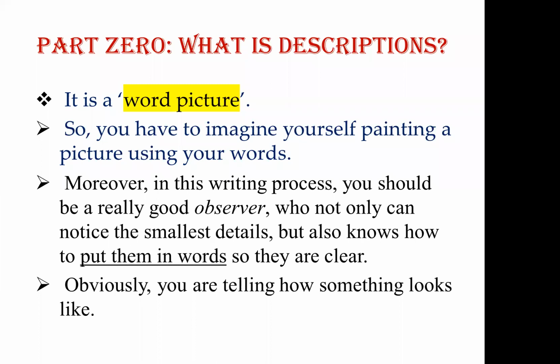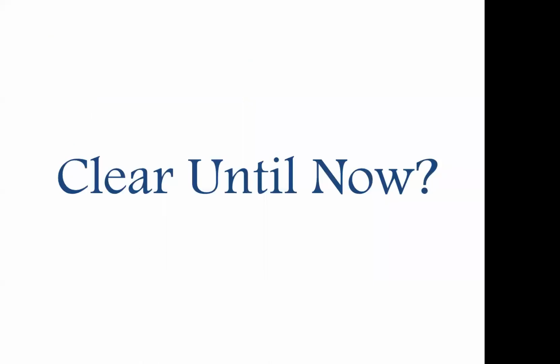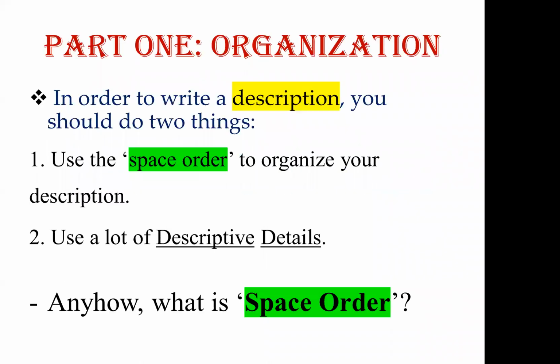Also, you have to know how to put these details, okay? When you observe details, you have to know how to put these details in clear words. So obviously, you are telling how something looks like. So you must be specific. Okay, until now, it is clear.